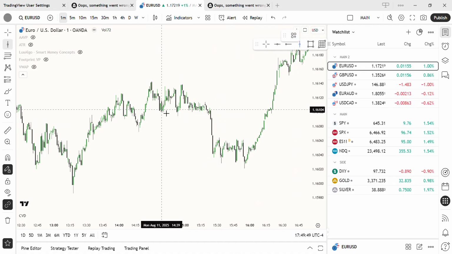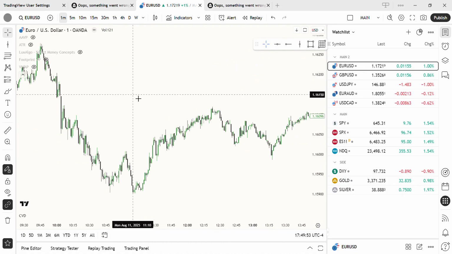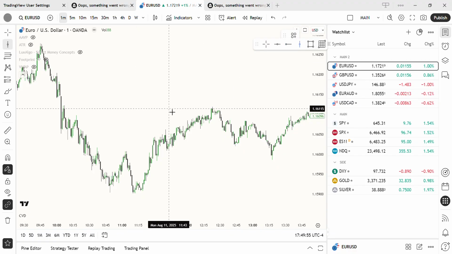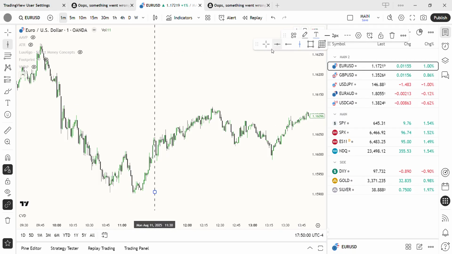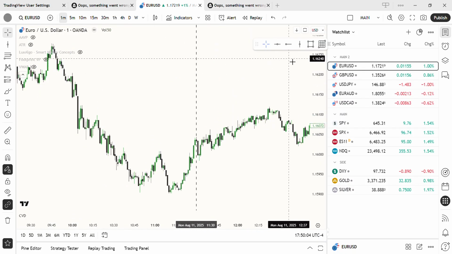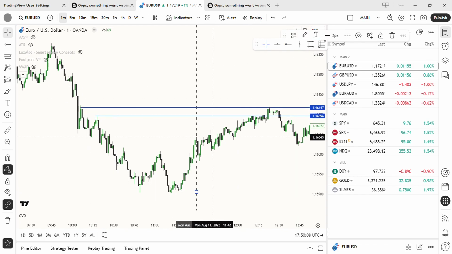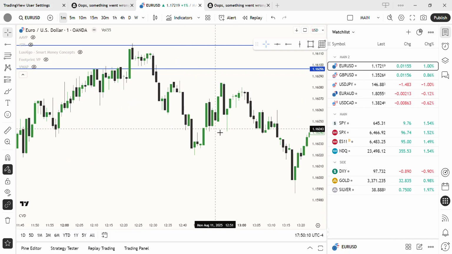So let's start. 11:30 is right here. Okay, so let's see price action. Previous days, so this high right here, where's 12:30? 12:30 is right here.